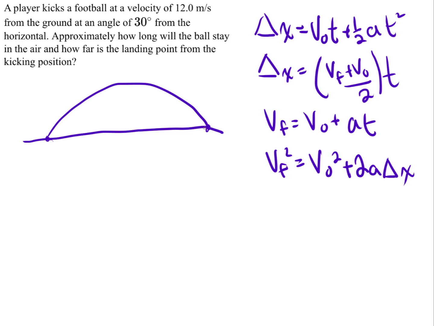Its displacement in the x direction changes by the length r, or the range of the projectile. But when it lands, its vertical displacement is 0, so it does not change here.